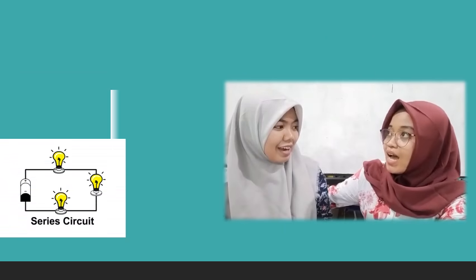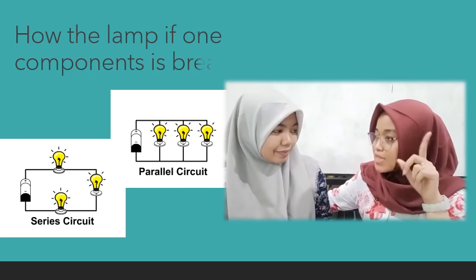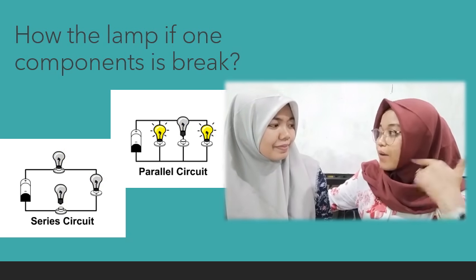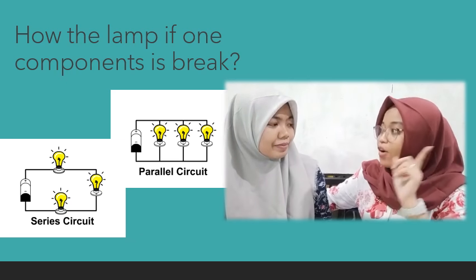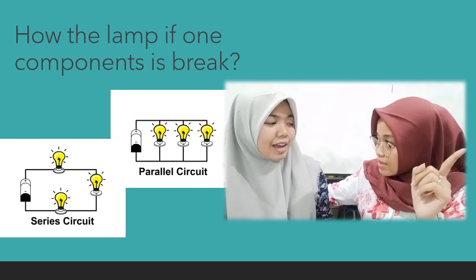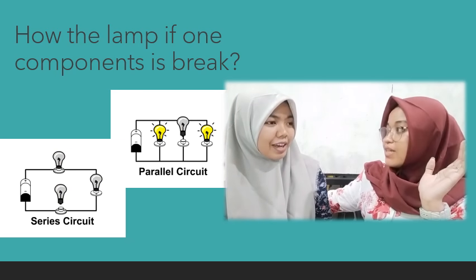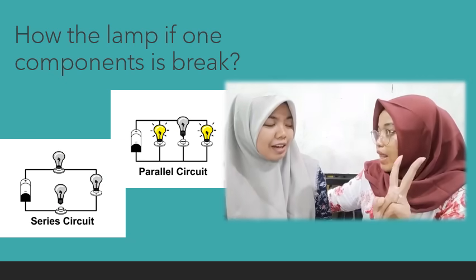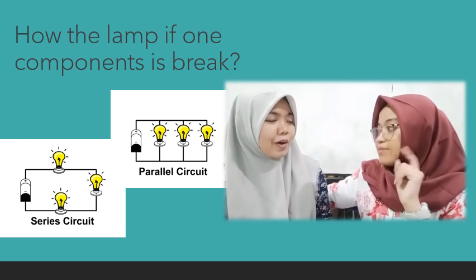Ma'am Betty, I have an experiment for both the series and parallel circuits. The experiment is: if one component is broken, what happens with these circuits, in series and parallel? Okay.